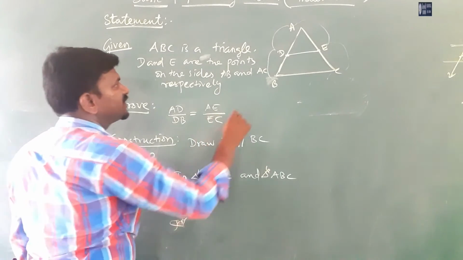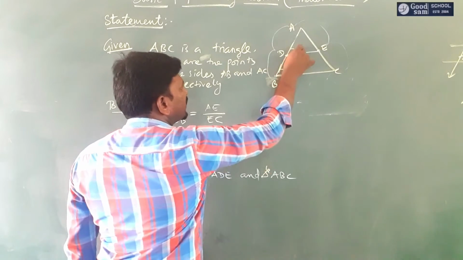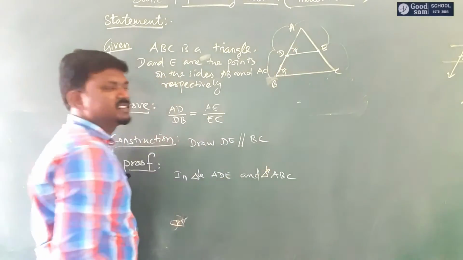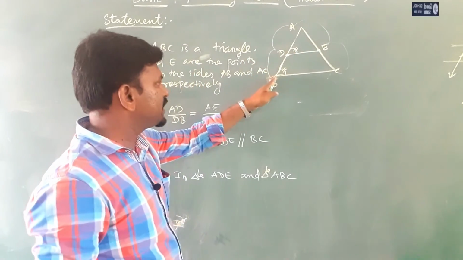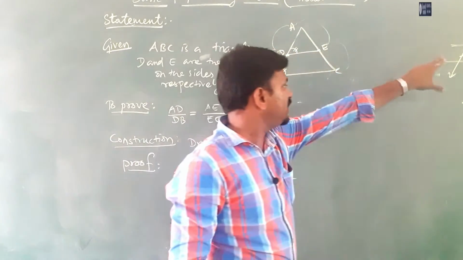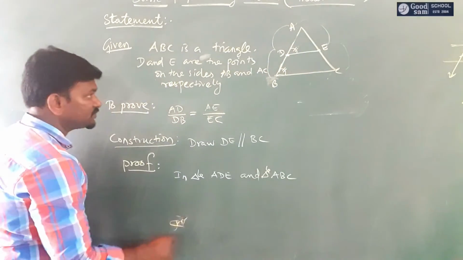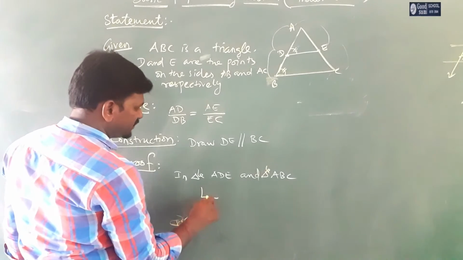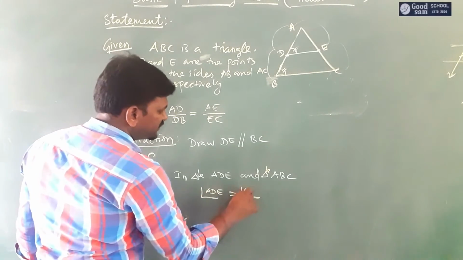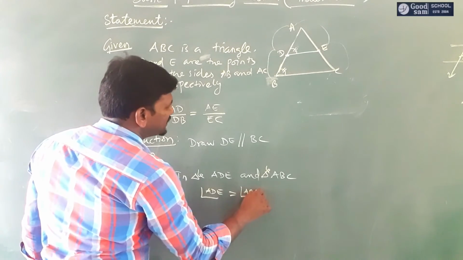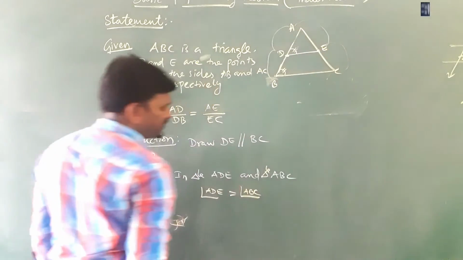Here this angle will be equal to this angle. Am I right? Equal, because these two lines are parallel and this is a transversal, so these two angles are equal. So angle ADE is equal to angle ABC.